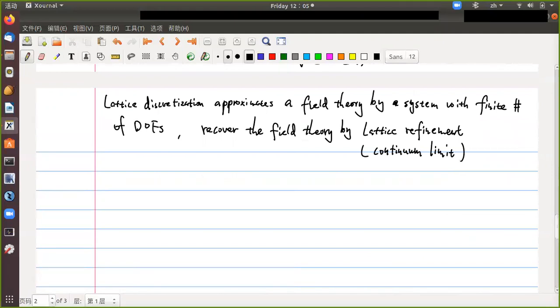Okay, so now let me first consider holonomy. I'll give you a definition. This is the definition for holonomy.